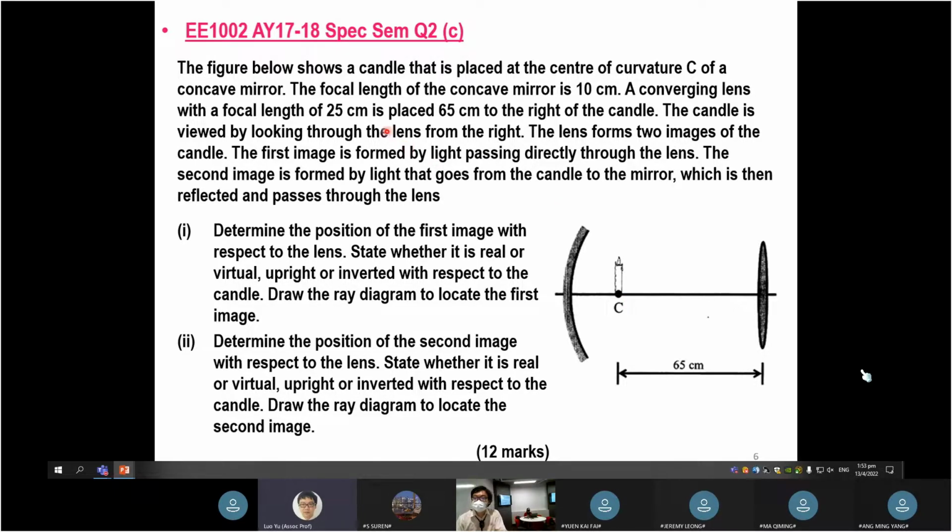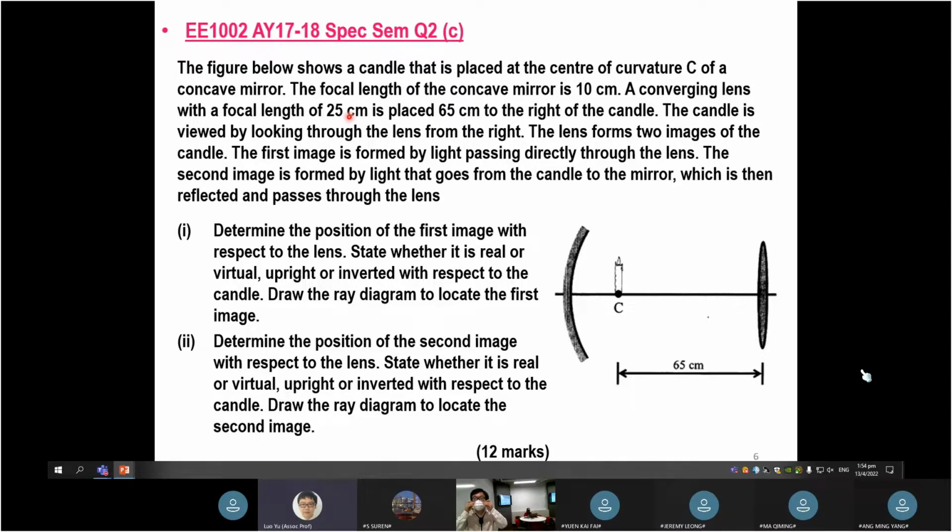It says the focal length of the concave mirror is 10 centimeters, which means my candle should be placed 20 centimeters from the mirror. Apart from this mirror, we also have another converging lens, whose focal length is 25 centimeters.